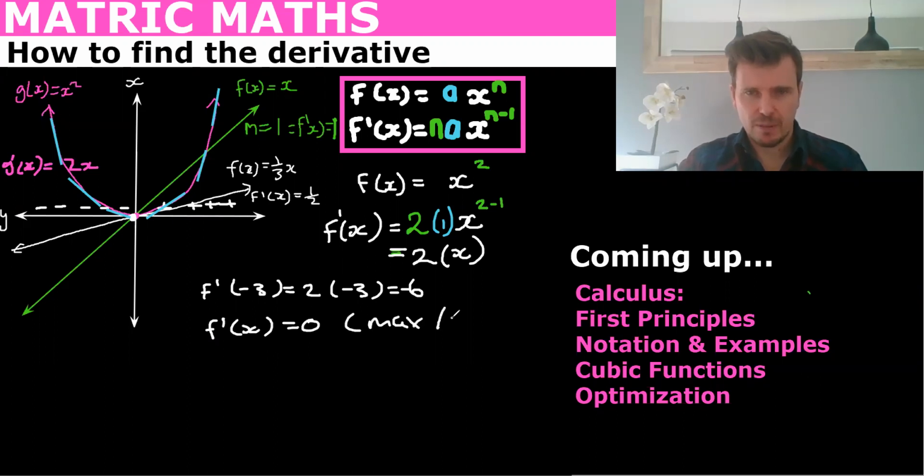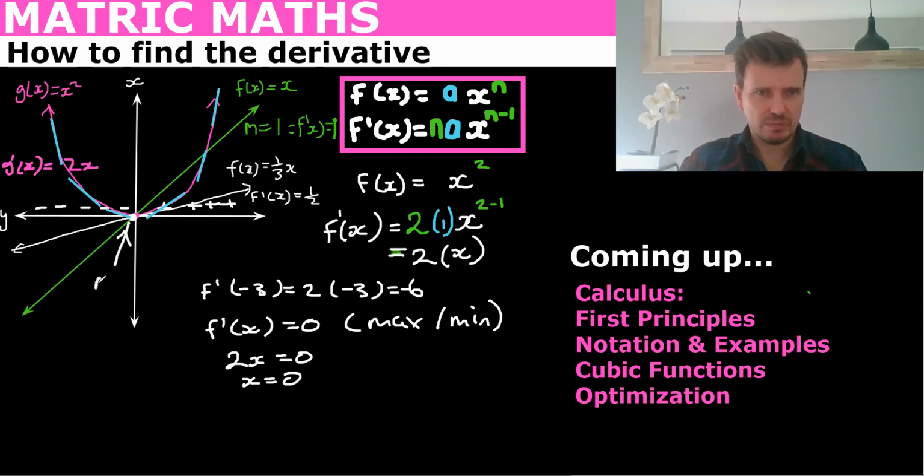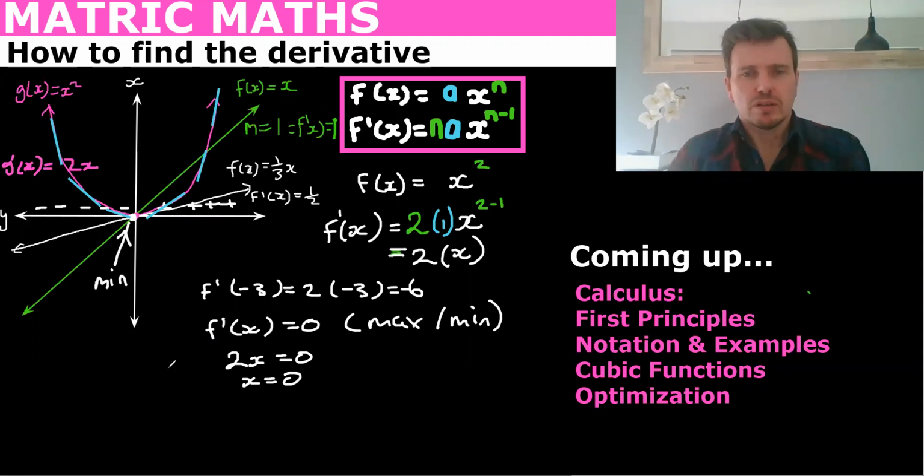So when f dash of x, we say 2x equals 0, therefore x equals 0, and that's true. We have a minimum. So when our derivative is 0, we find that we have a maximum or a minimum.